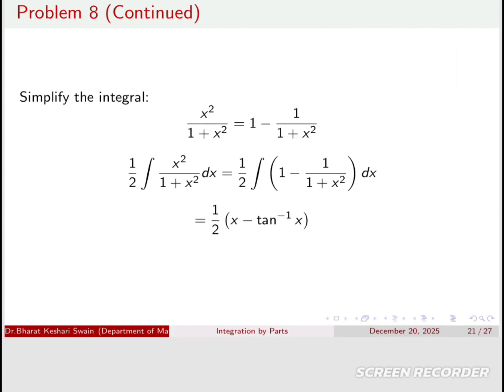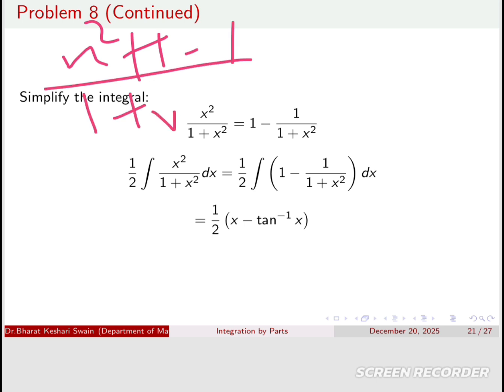To integrate this, just add plus 1 and minus 1. We can take it as x square plus 1 minus 1 divided by 1 plus x square.